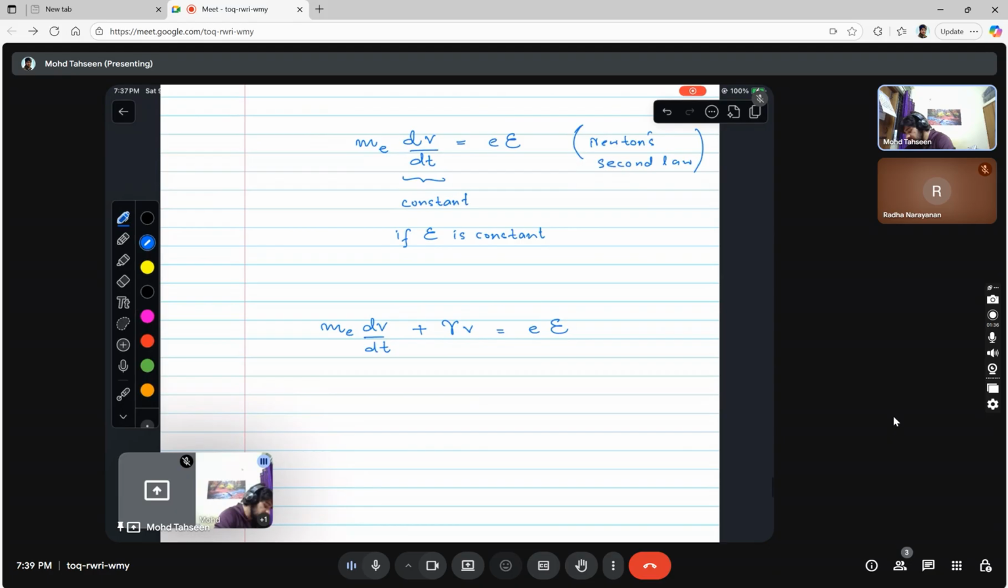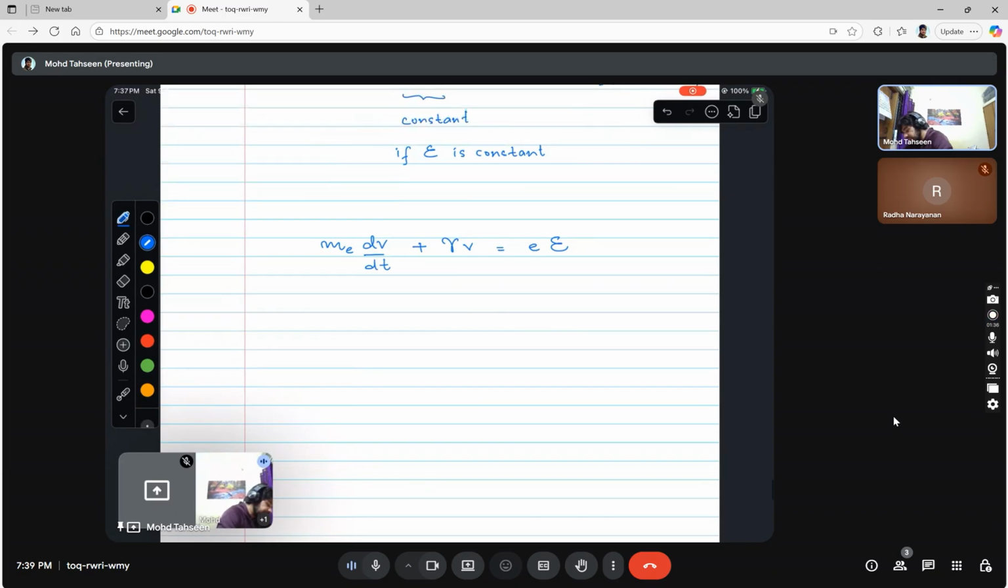This term keeps the infinite acceleration in check. If we transpose this to the other side, what we get is m dv by dt equal to charge times electric field minus gamma times velocity.